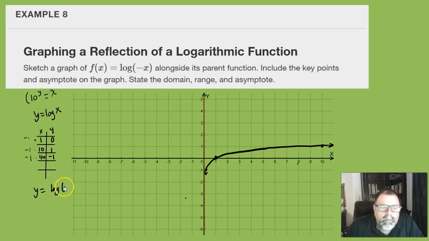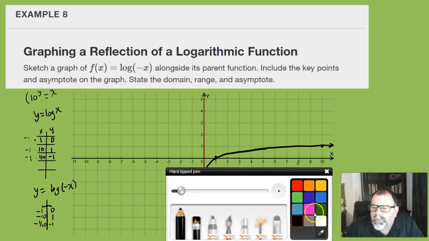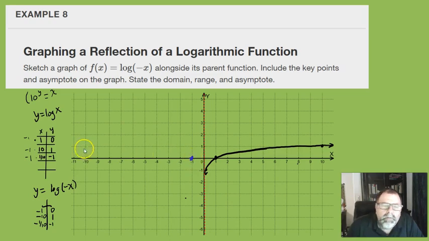Log of -x. So the points are (-1, 0), (-10, 1), and (-1/10, -1). Let's do this one in purple. The asymptote stays the same, but it's coming from the other side this time.